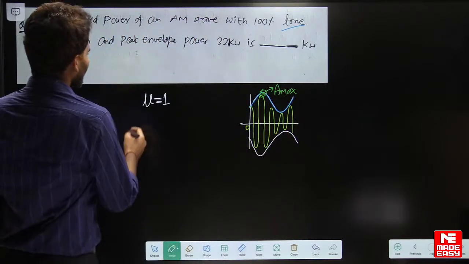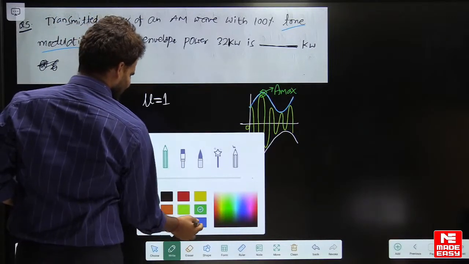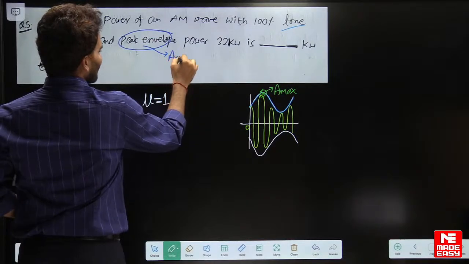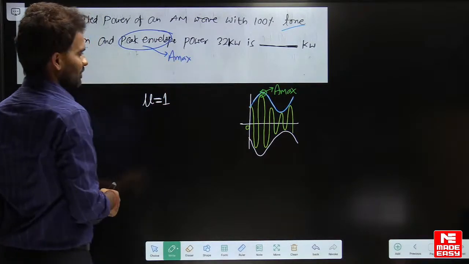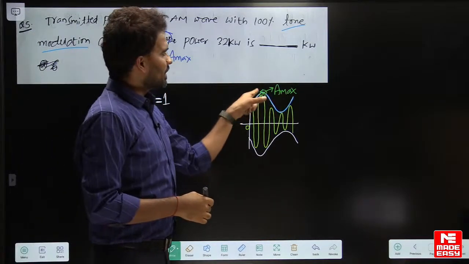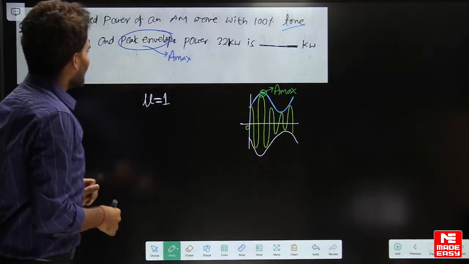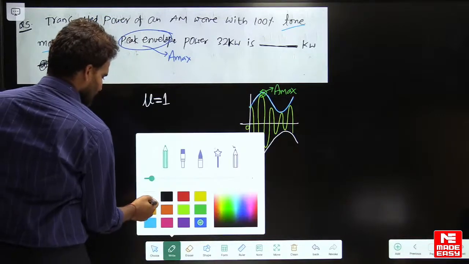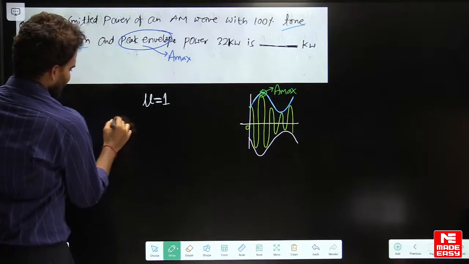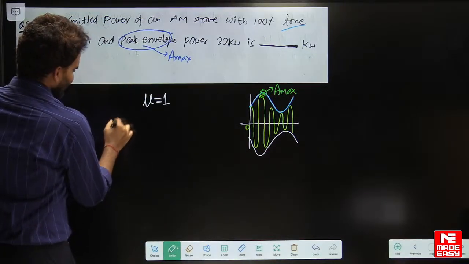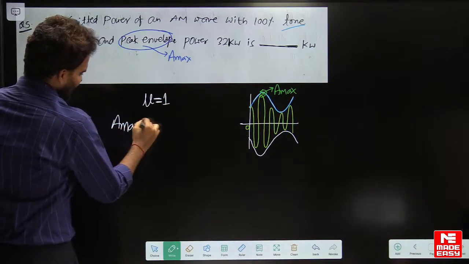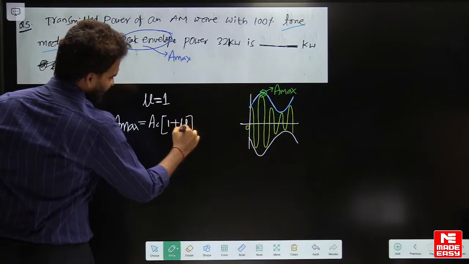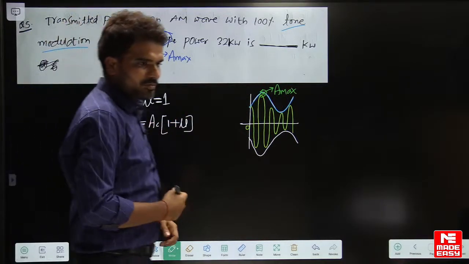So the peak envelope here is nothing but A max, and the power of that A max is given as 32 kilowatt. We know that for single tone AM, A max is Ac into 1 plus mu.